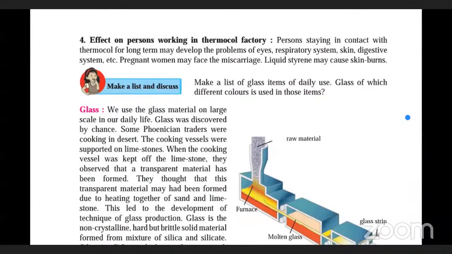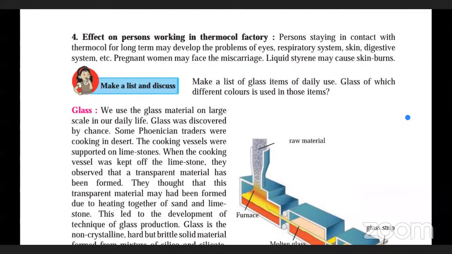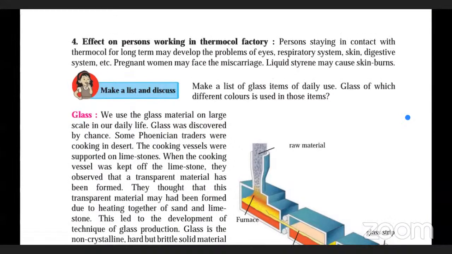Again, there is one effect given to you: effect on persons working in a thermocol factory. The people who are working in factories where thermocol is produced are in continuous contact with styrene. We are saying now that thermocol is made up of styrene, and that styrene is very harmful to us.